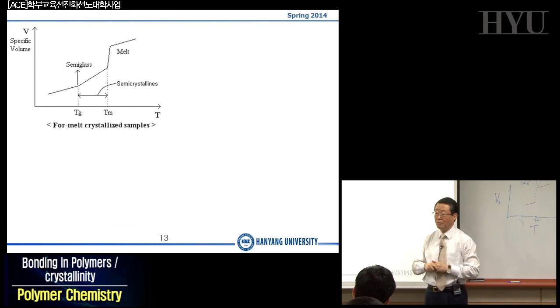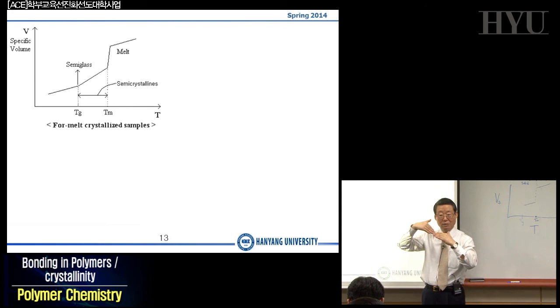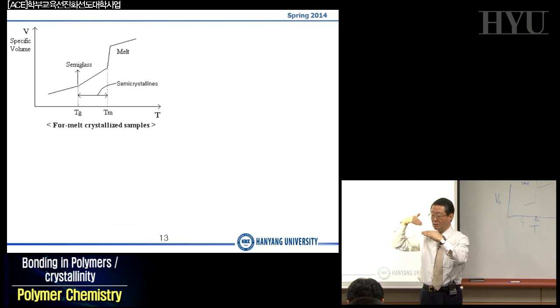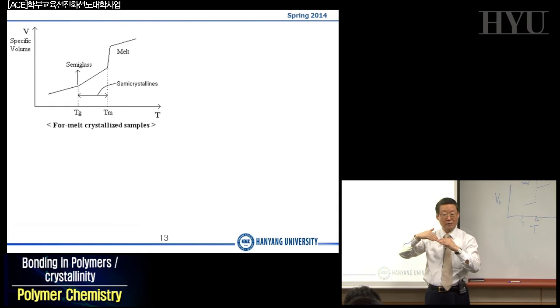So below the glass transition temperature, I would say the side chain of your polymer is moving. And above the glass transition temperature, perhaps your main body might be moving. So the slope is quite different. All of this is a solid phase, but the movement of your side chain versus your main chain makes the change in your specific volume below and above the glass transition temperature.